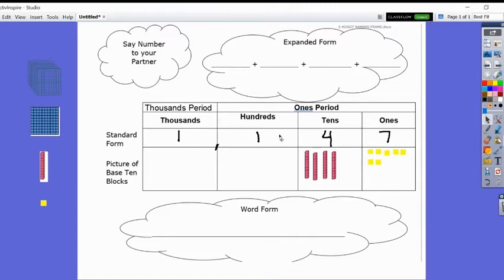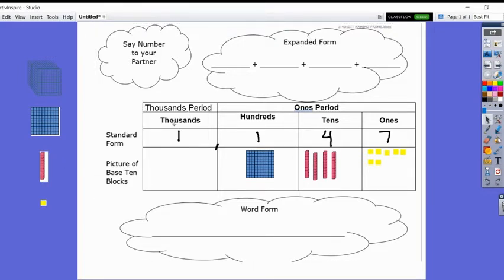How many groups of 100? 1. So you're going to draw a group of 100, so a flat. You're going to draw 100 on your naming chart under hundreds, and on your mat you should have out a flat. And last, we go to the thousands period.